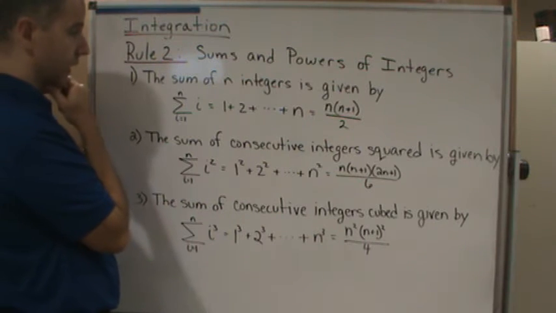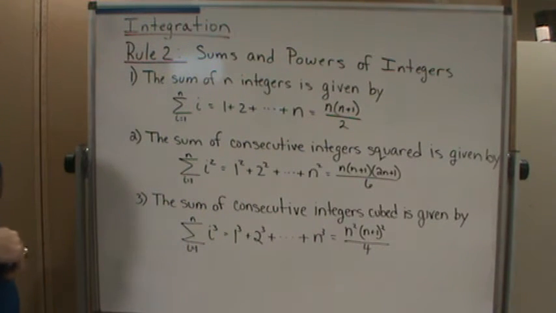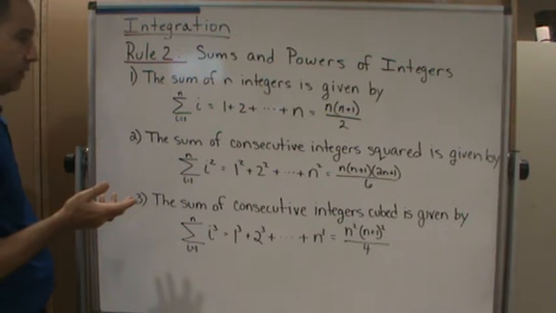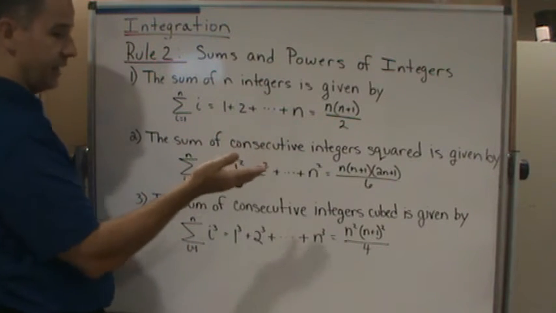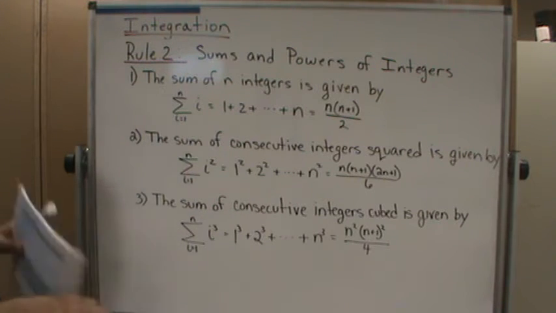And so then that would be 210. And I could do that with 10, right? 10 times 11 is 110, divided by 2 is 55. Okay, so that makes it easy.